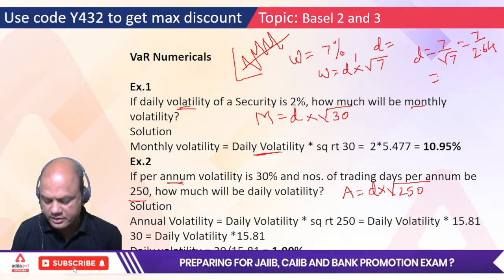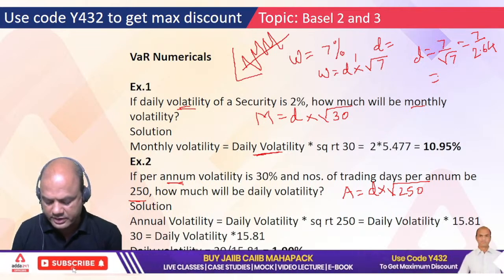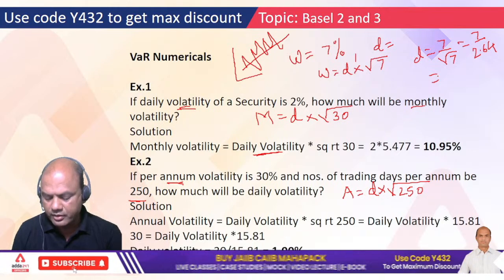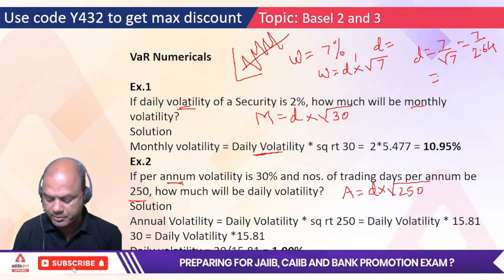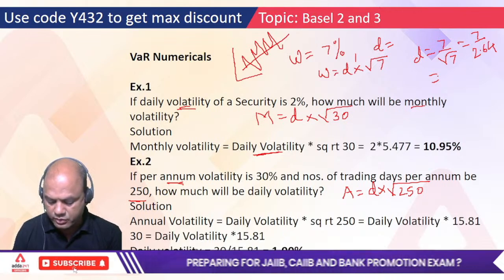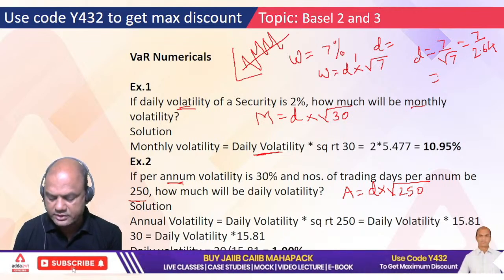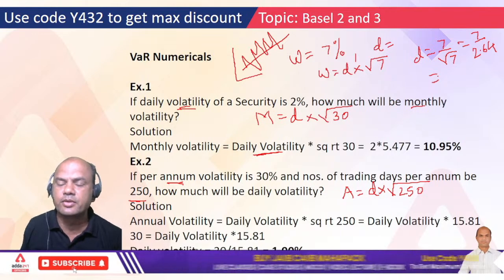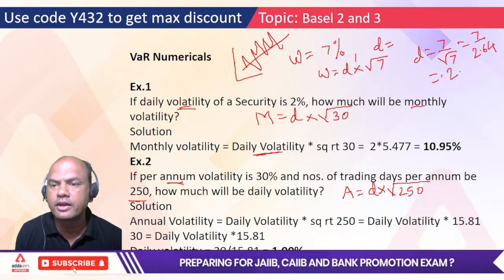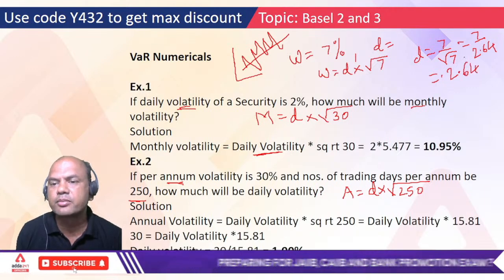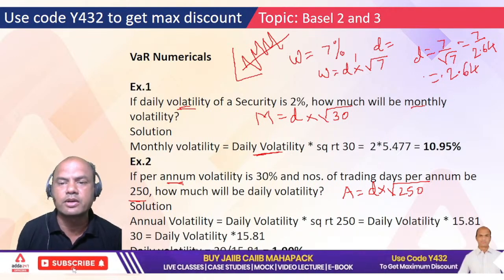So answer is daily volatility is roughly 2.64. Right. Many of you have got it correct. That's what I wanted to test.